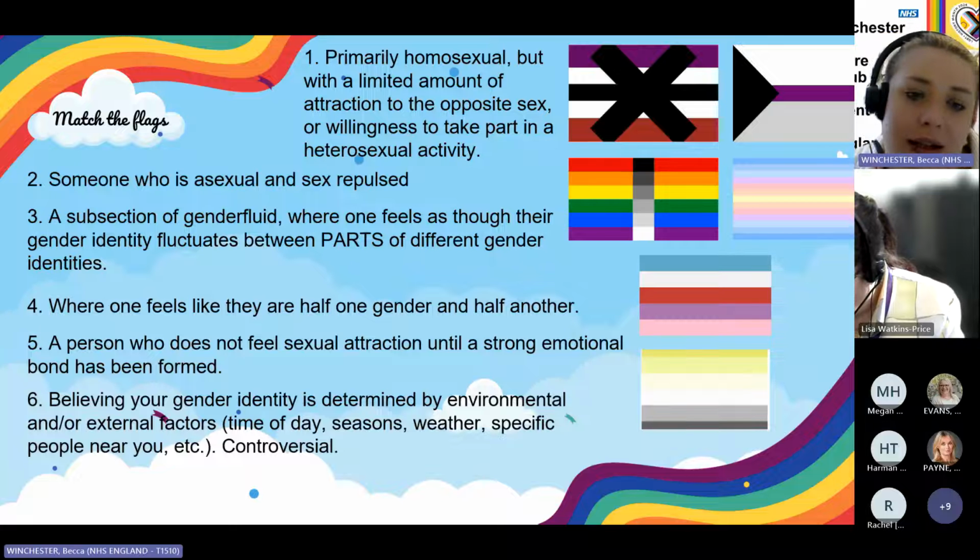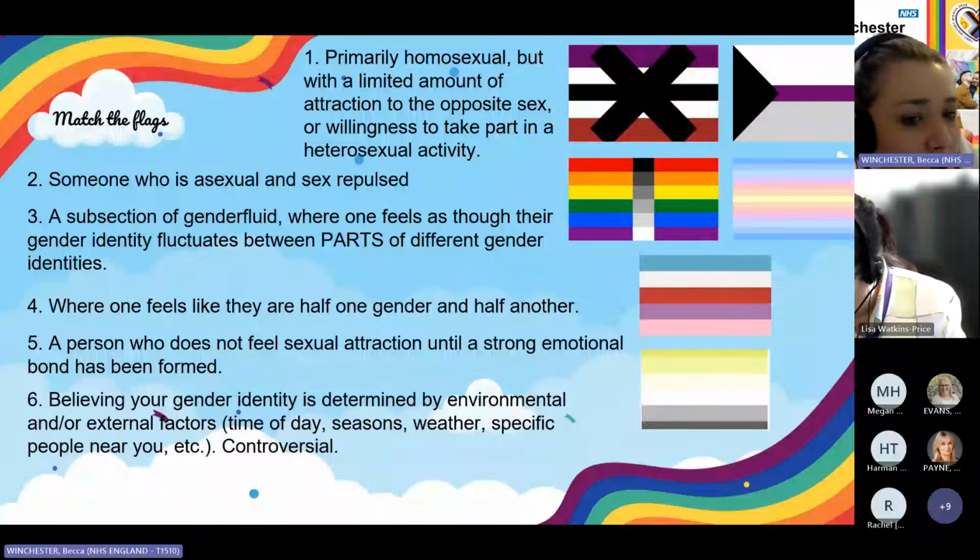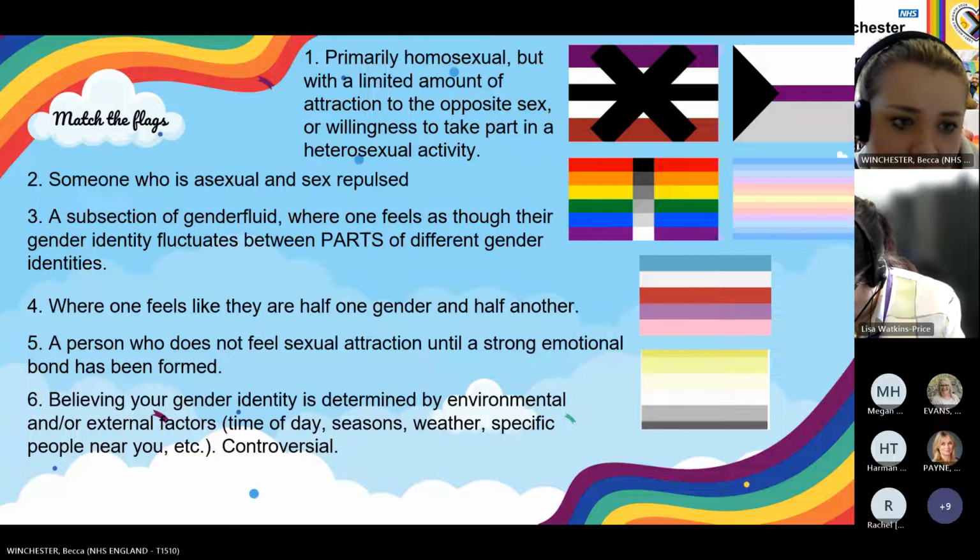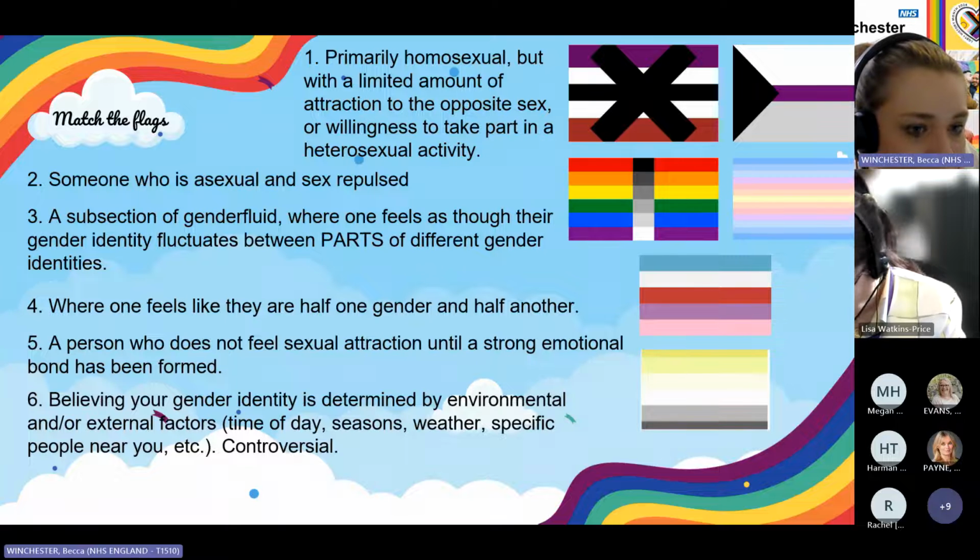Statement 4, which flag represents a person that feels like they're perhaps half one gender and half another? Statement 5, a person who does not feel sexual attraction until there's a strong emotional bond formed.